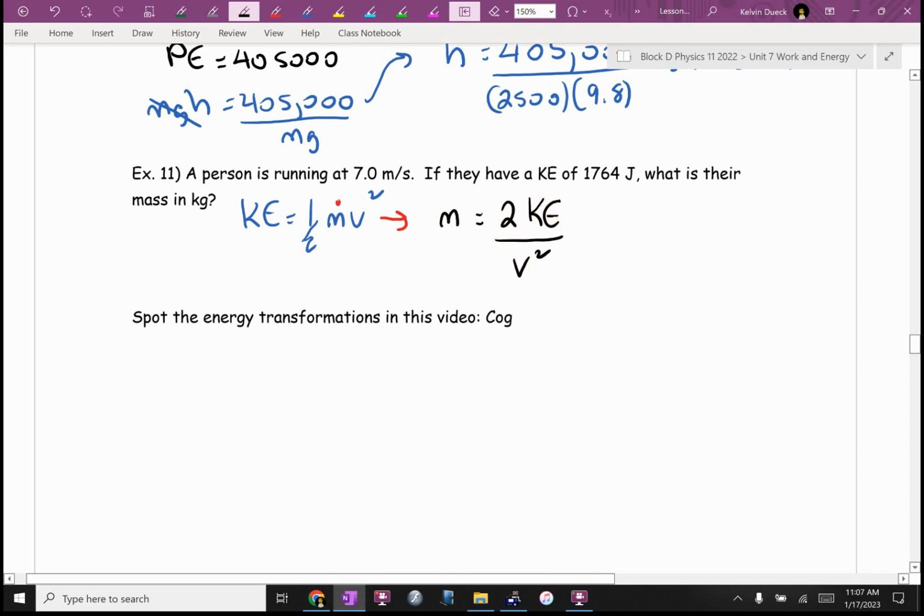Do I need to square root? There's a v squared. Do I need to square root? Why not? Okay, there's no squared on the m, and I'm trying to get the m by itself. So, by the way, in the previous question, you could use this to figure out what new mass you need. It's going to be 2 times 1,764 divided by 7, don't forget the squared.